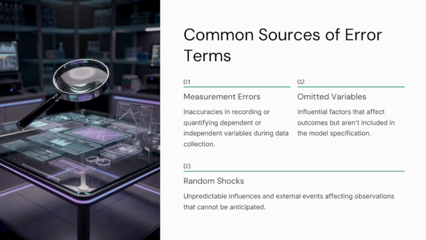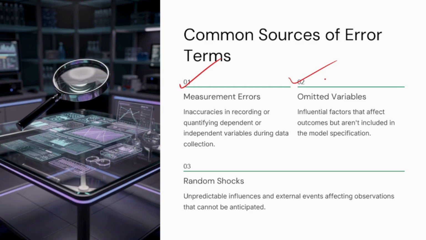What are the common sources of error terms? First is measurement errors. Measurement errors occur if there is any error in the data collection, or if you are wrongly calculating either your dependent variable or the independent variables. Second source is the omitted variables.